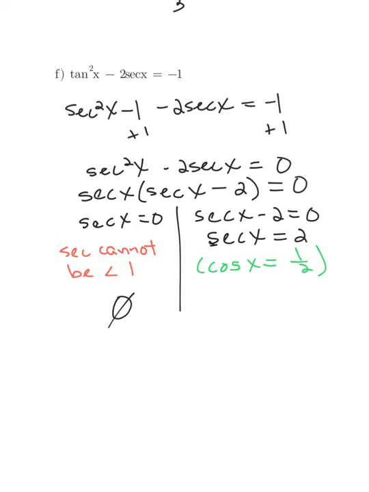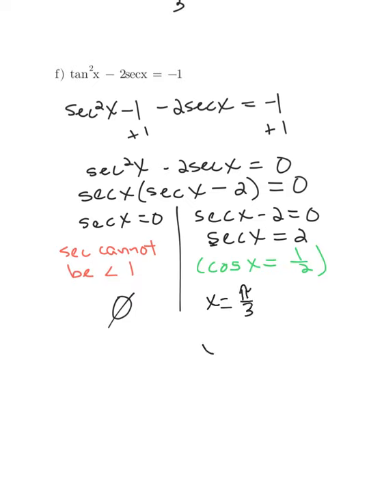So where are both secant and cosine positive? That's in quadrants 1 and 4. And then what angles in quadrants 1 and 4 will have a secant of 2 or a cosine of 1/2? In quadrant 1, the angle where that happens is pi over 3.